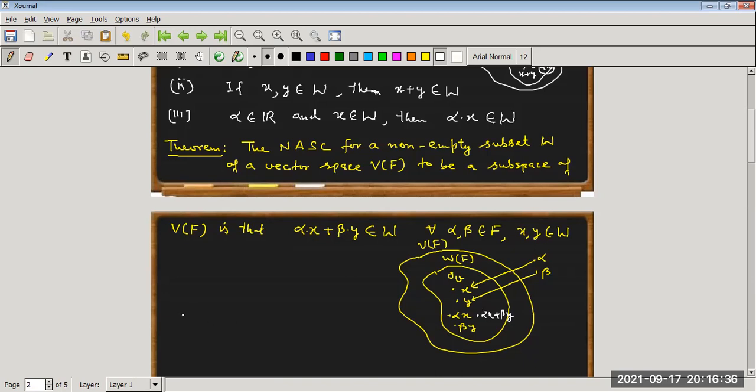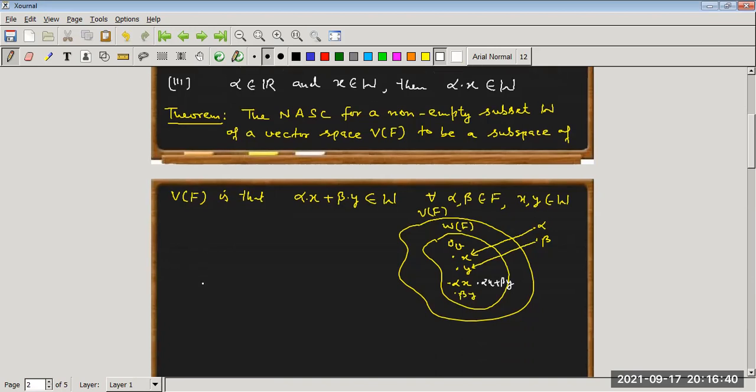So let us discuss an example. If we take the vector space V equal to R2. And what are the elements of R2?